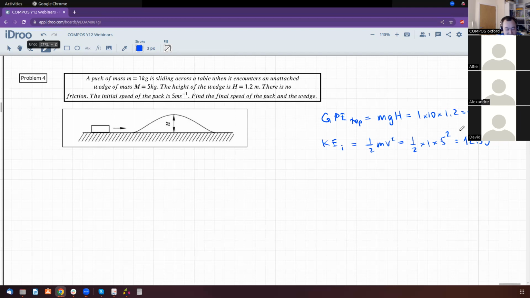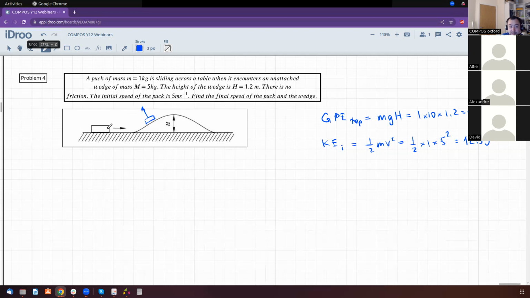Is there a possibility that we haven't considered something? Yes, the wedge can move. So as the puck is moving onto the wedge, there's a reaction force here.